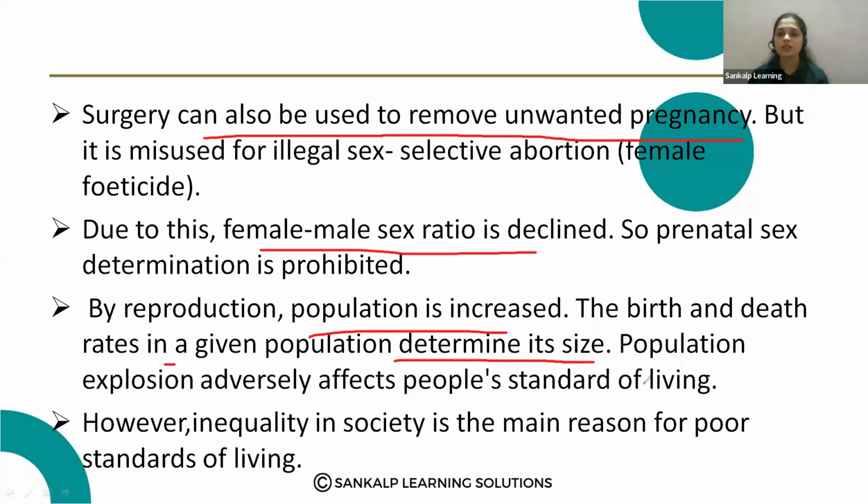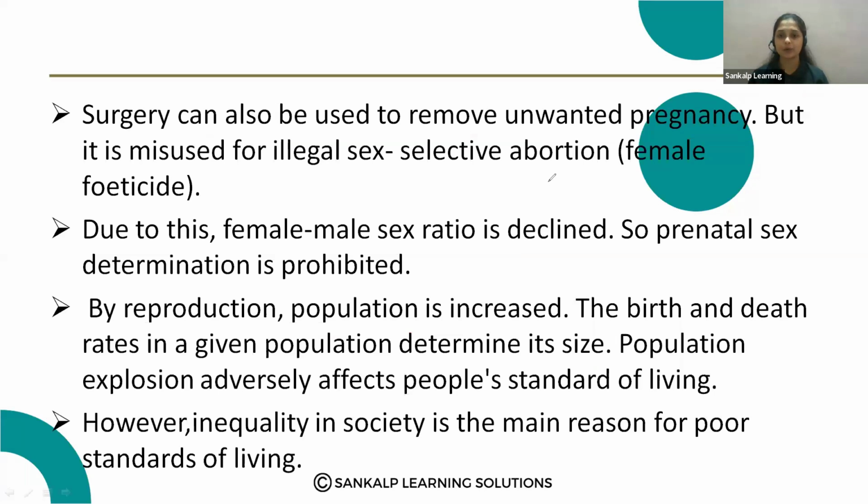Okay, so this is about the reproductive health. So here we complete the chapter How do organisms reproduce. So what we studied in this topic, first we studied what is reproduction and types of reproduction, right?